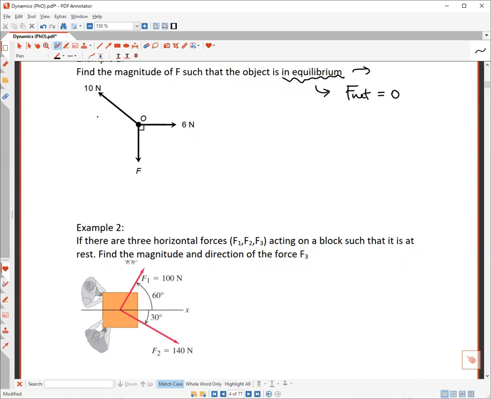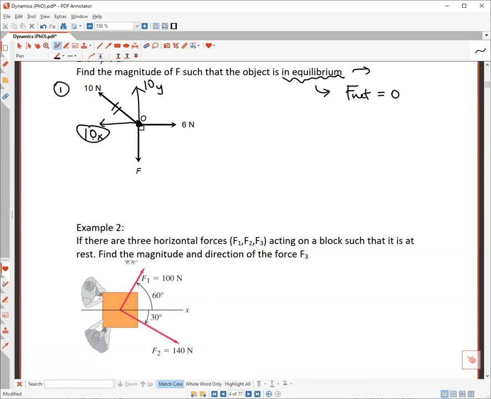So how can you do it, okay? Actually, there are two methods to do it. The first method, you can decompose the force into components. This is the 10 Newton force's component along the vertical side. This is the horizontal component of the 10 Newton force. By considering the net force equals 0, that means there's no net force, so the upward forces should be balanced by the downward force, and the left hand side force should be balanced by the right hand side force.